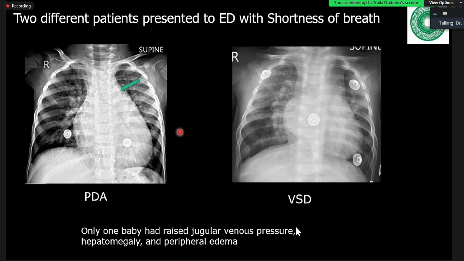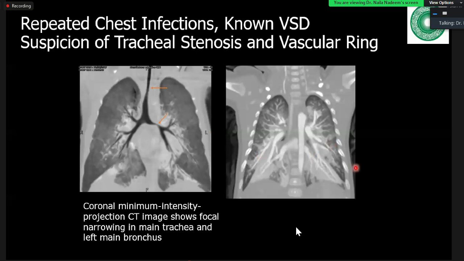But every time you see these patients, there will be a lot of air in the lungs, and that is because their pulmonary arteries are big, they keep compressing on the bronchi, they may have upper respiratory tract infection that also presents with air trapping, or they may have pulmonary edema, which also causes air trapping as one of the first signs. This is another case, repeated chest infection, known VSD, and they wanted to know if there is a tracheal stenosis or a vascular ring.